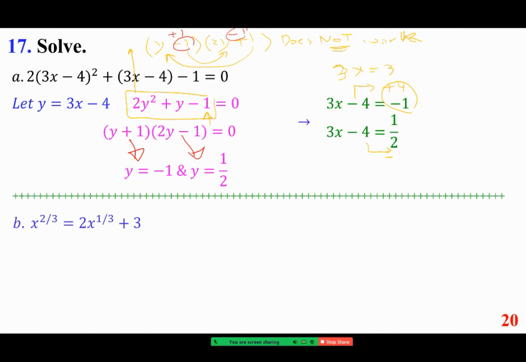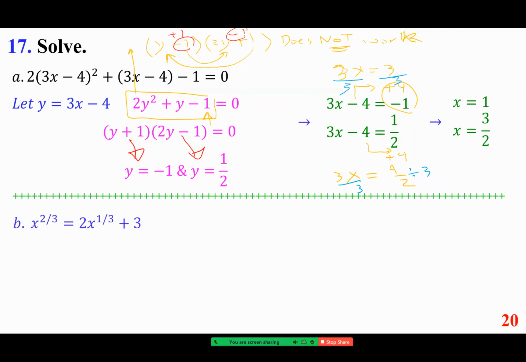We move the 4. 3x equals 4.5, which is 9/2. Now, if you divide both sides by 3, this gives you 1. This gives you 3/2. I'm assuming we have no problem with fractions.